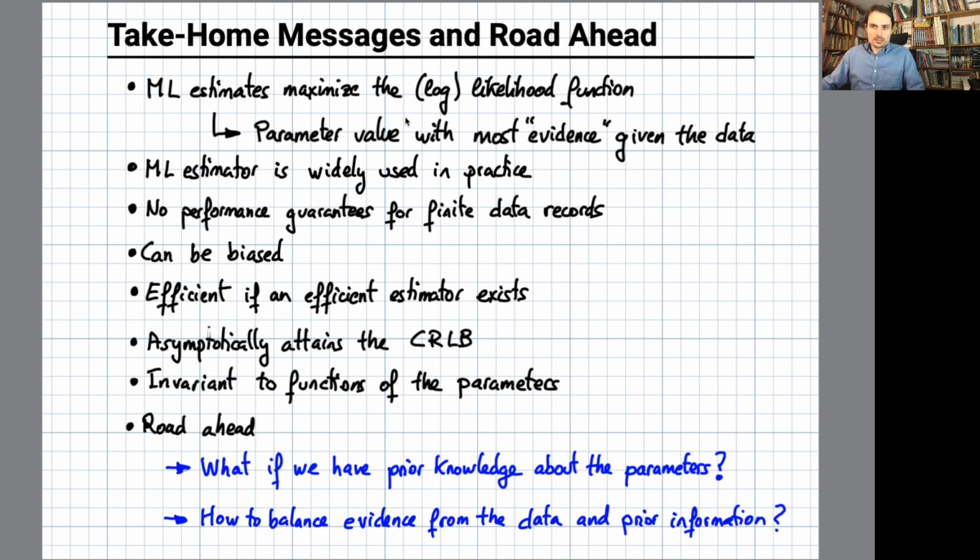So in practice, we typically have some idea about the values of the parameters even before seeing the data, and the current framework does not allow us to encode and exploit that information.